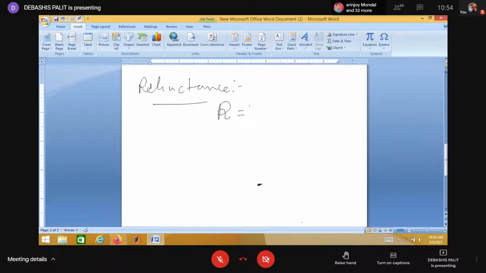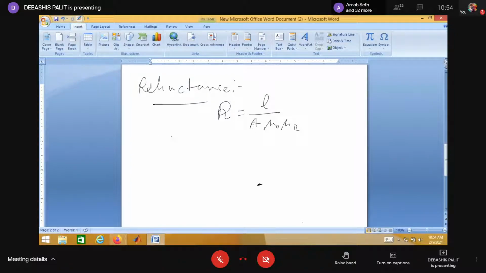It defines how much opposition is offered by the magnetic material to the flow of flux. It is equal to L by A mu 0 mu r. L is the effective length of the magnetic path, A is the effective cross section of the magnetic path, mu 0 is the absolute permeability, and mu r is the relative permeability.